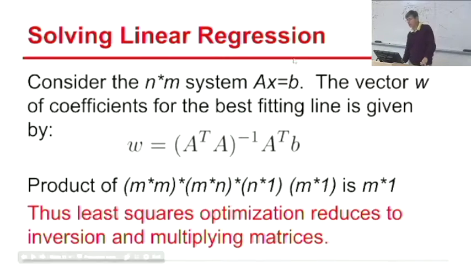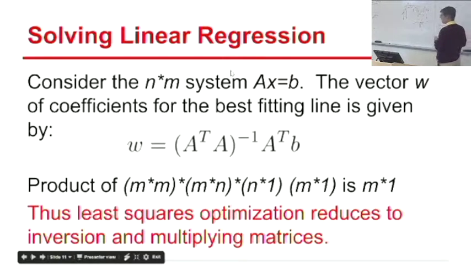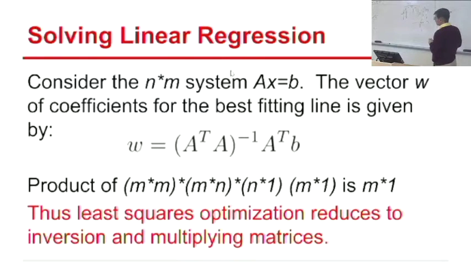A is my matrix of data points. Isn't a matrix always going to be like a data point and a set of features? Well, no. So what is a data matrix going to look like? I've got rows corresponding to each object. I've got columns representing each feature. This is n times m.